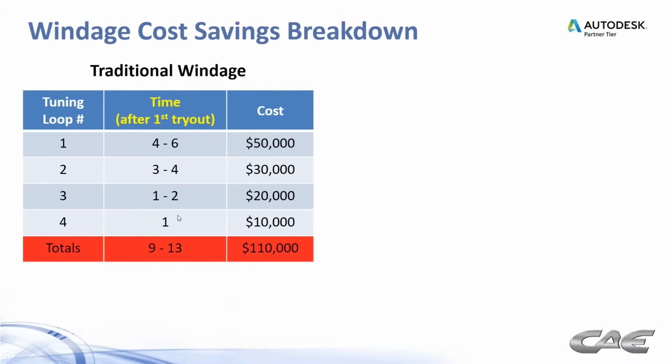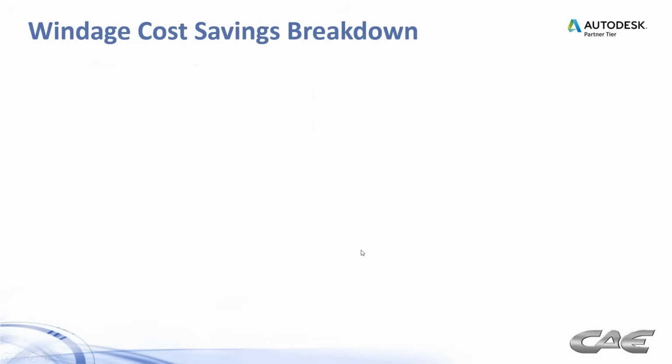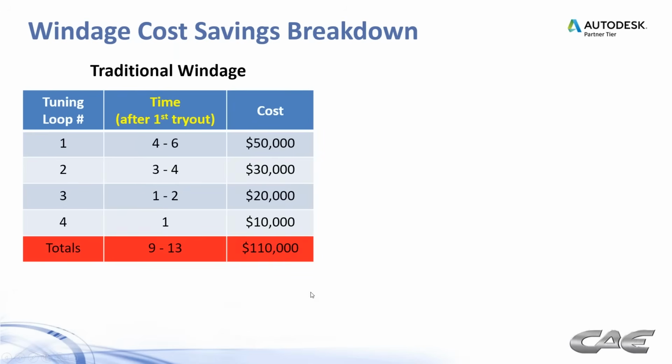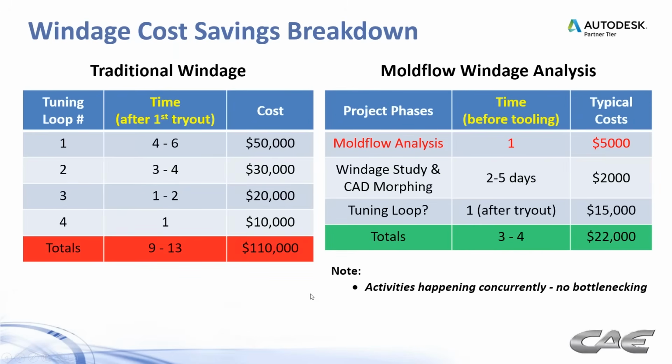If you add everything up, let's say you got 4 tuning loops and 9 to 13 weeks after tryout to get this all worked out, because you had to try it one time, correct it, all the shipping back and forth, times at tryouts, you name it, that all adds up. And this is a typical cost for these oil pans, by the way. That's not uncommon through traditional methods.